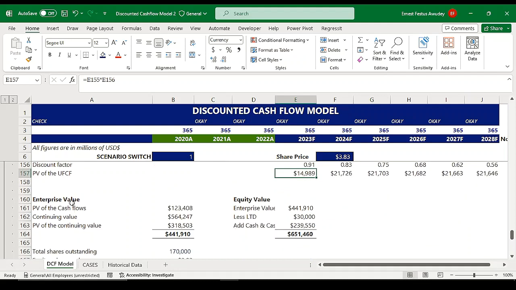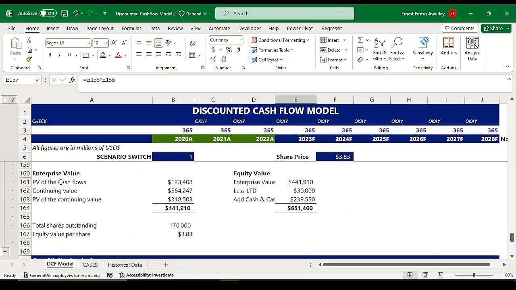Then after that, we calculated the enterprise value of the firm, which is the value of the firm, and then the value of the equity. Then we used the equity value to calculate the equity value per share. That is the share price of the firm.